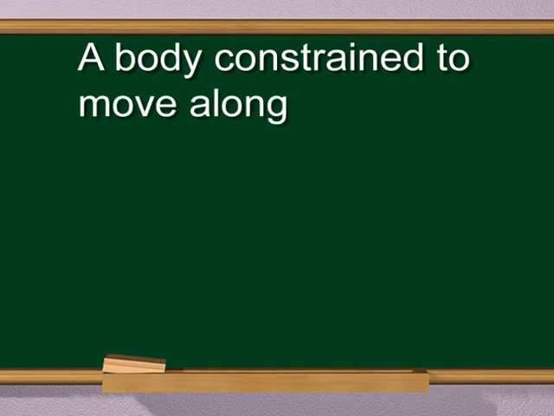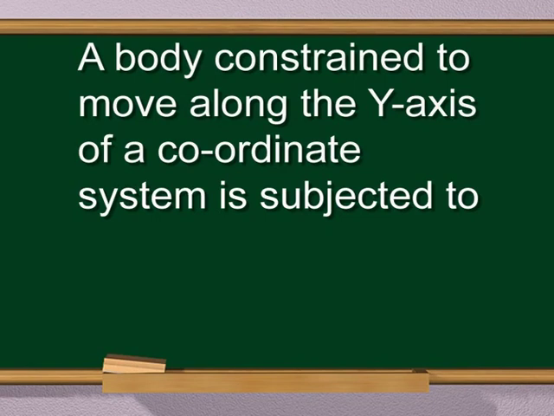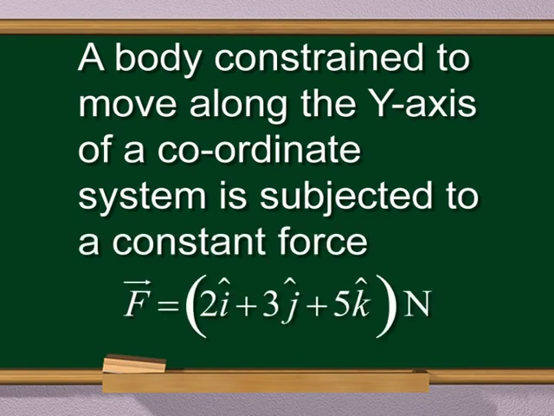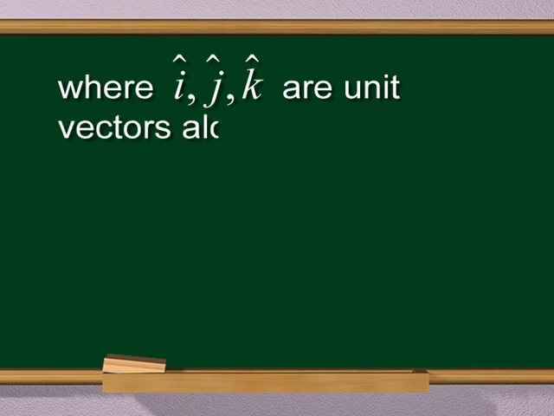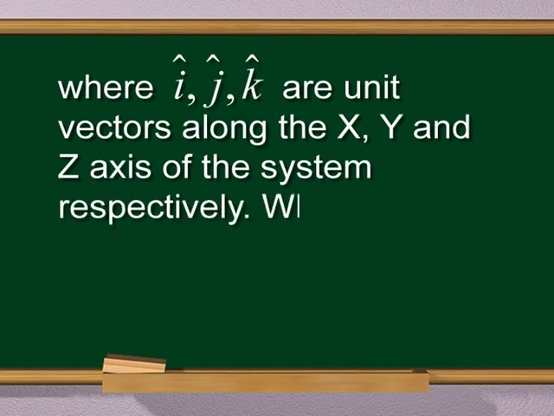A body constrained to move along the y-axis of a coordinate system is subjected to a constant force vector F equal to 2I cap plus 3J cap plus 5K cap Newton, where I cap, J cap, K cap are unit vectors along the x, y and z axis of the system respectively.